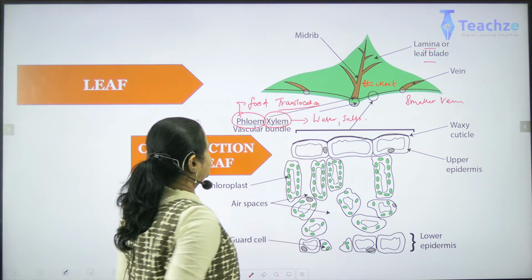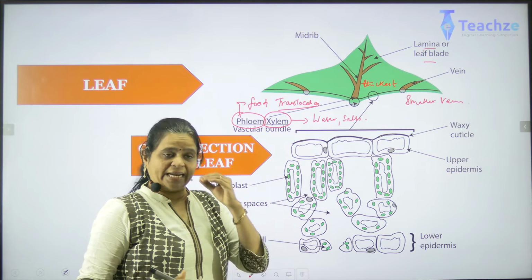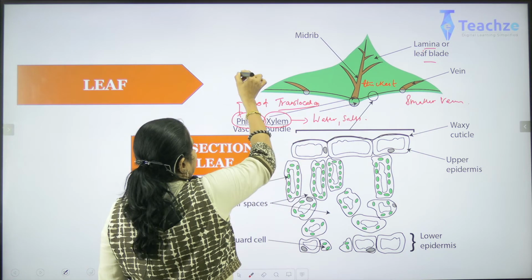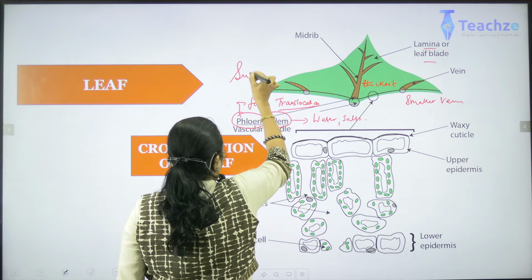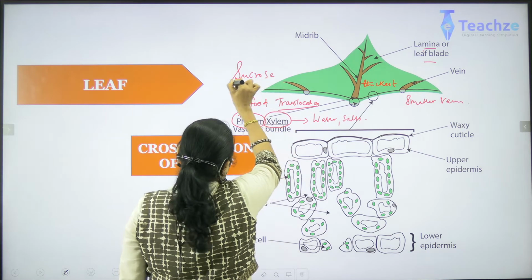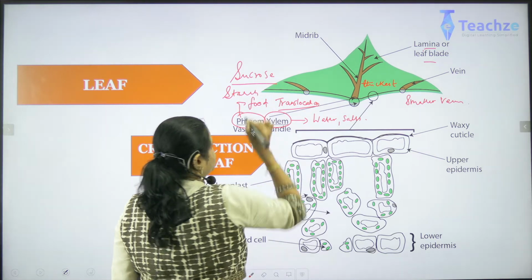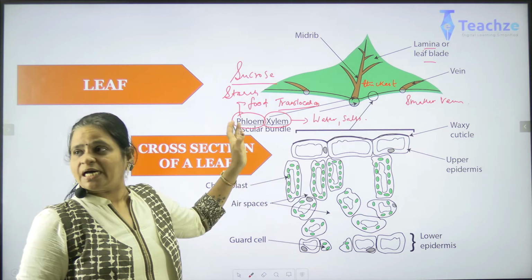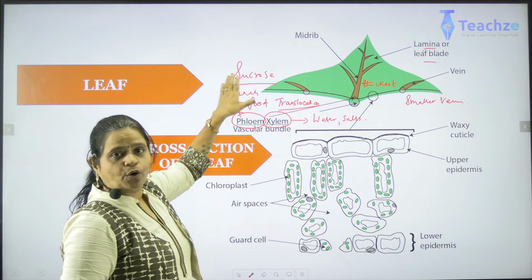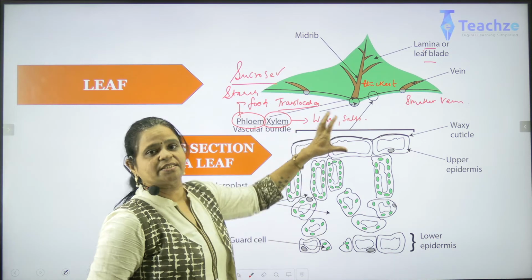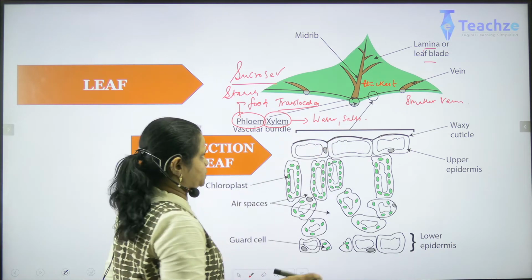And remember, food does not get transported in the same form it is produced. Food is generally carried in the form of sucrose, and the final storage in plants is starch. So the storage product is always in the form of starch, but it is always transported in the form of sucrose. So glucose is just the product of photosynthesis.